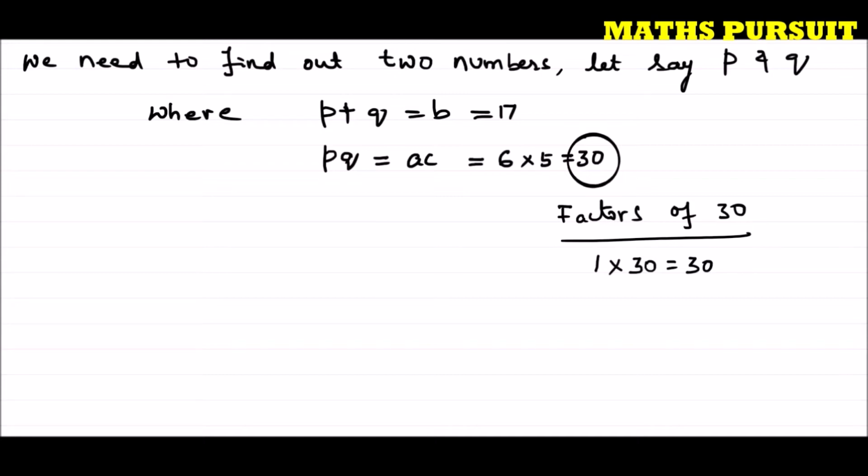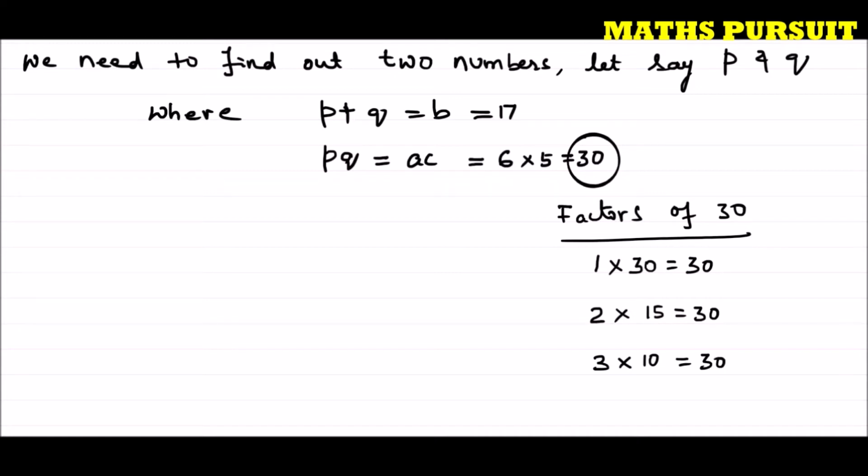We know very well how to find the factors, or the products that will give us 30. First we start with 1 into 30, and then we check with 2. 2 into 15 is also 30. And again 3 into 10 is also 30.